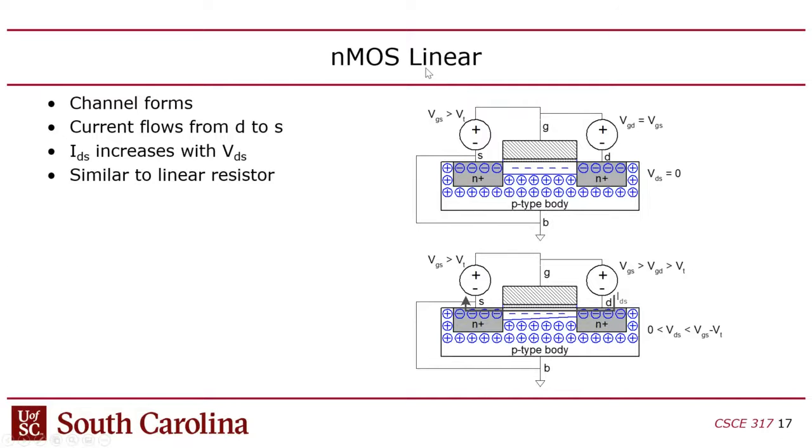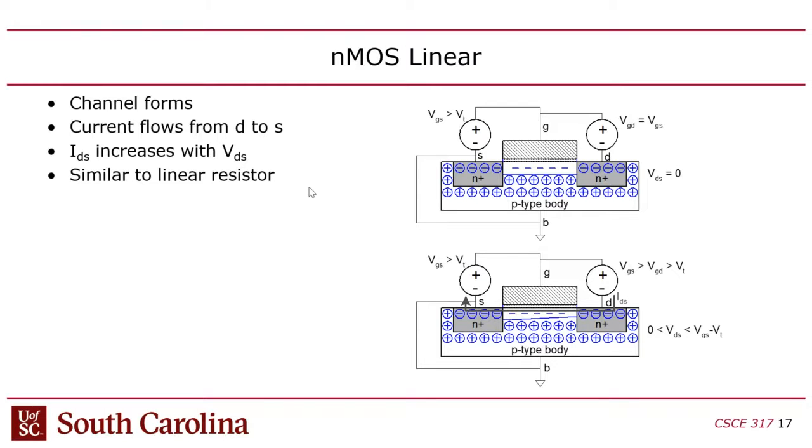And in the linear region, the current will increase linearly with the VDS, the voltage of the drain relative to the source. So as you increase the voltage over the transistor, the current will scale proportionally.